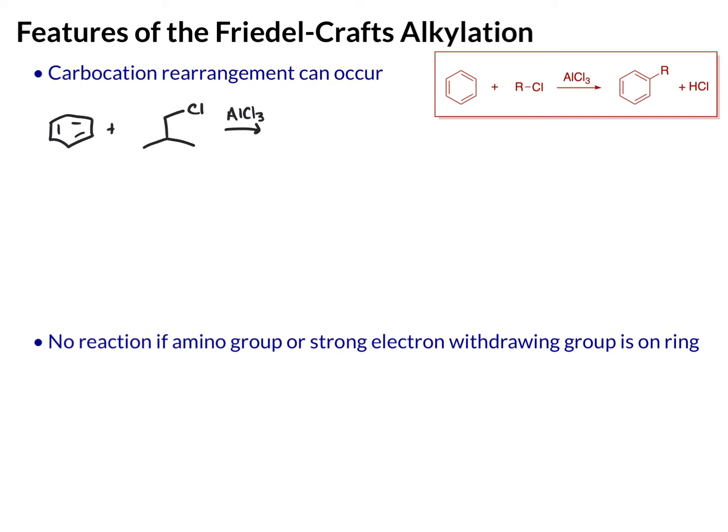What you would probably expect here is for the carbon where the chlorine is to be bonded to the ring. So the expected product would be this. But if you do this reaction, the actual product is going to be tert-butylbenzene.